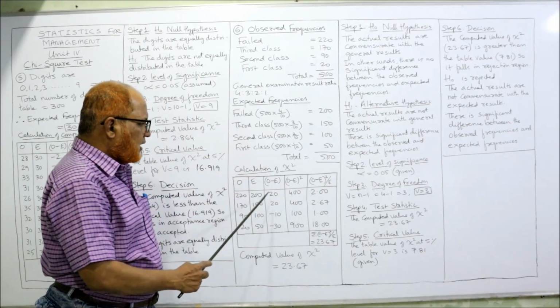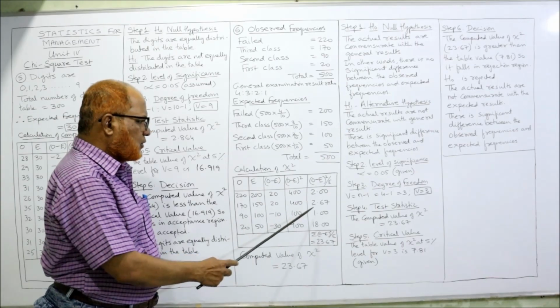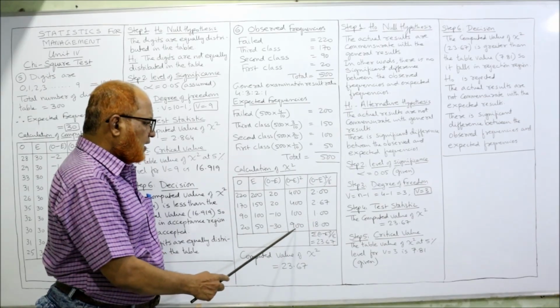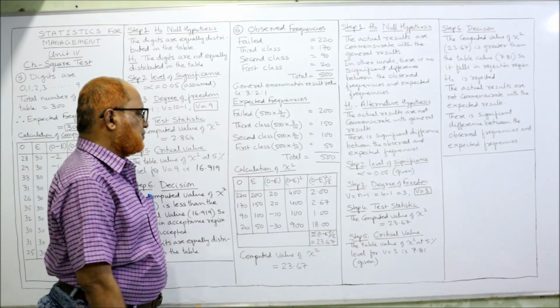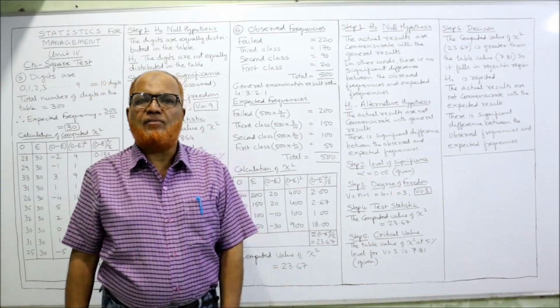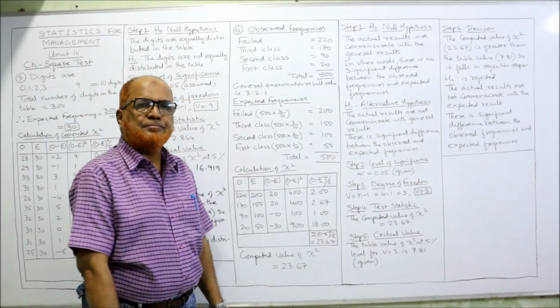So here 400 divided by 200, you will get 2. 400 divided by 150, 2.67. 100 divided by 100, 1. 900 divided by 50 is 18. Now take the total, 23.67. This is the computed value of chi-square.